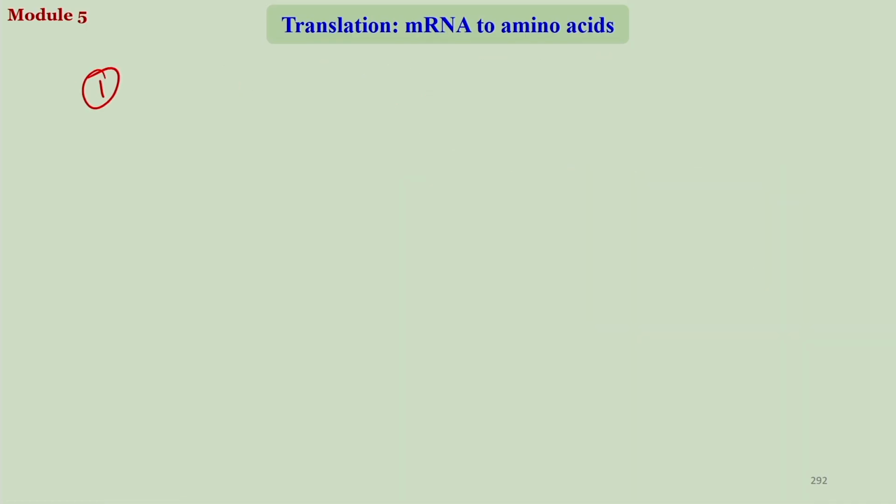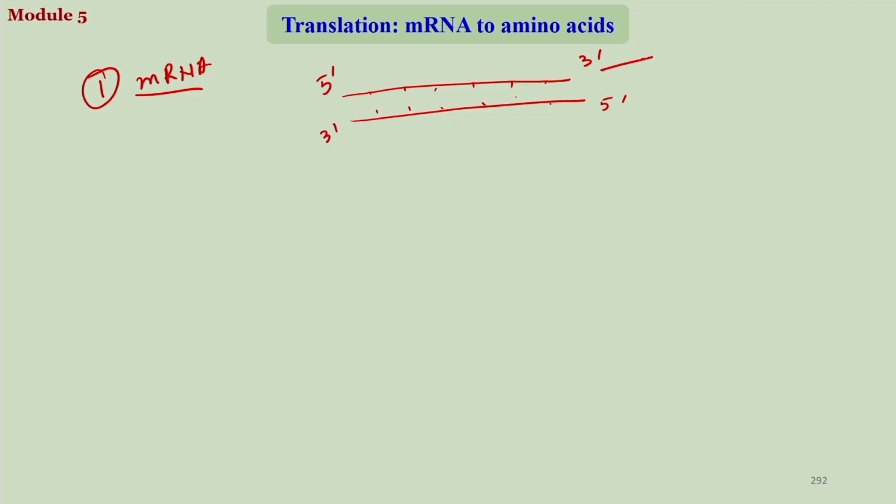mRNA you already know, but very briefly I will recap. It's a messenger RNA that was synthesized using the double helix, 5 prime to 3 prime, 3 prime to 5 prime. This we called the sense strand, this we called the antisense strand.